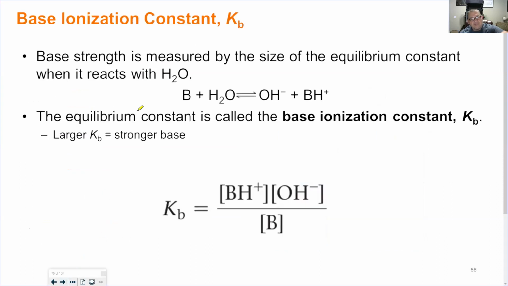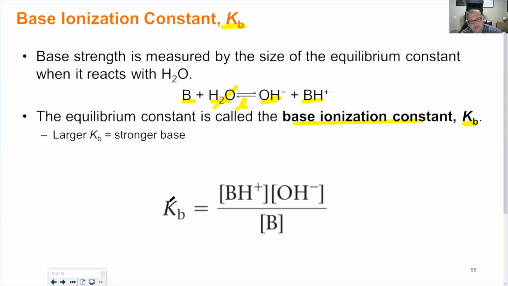Right, so when we write out our Kb expression, it's similar to the Ka expressions that we had been writing previously in the chapter. So our Kb is our base reacting with water to produce the hydroxide and the BH plus. And we call this the base ionization constant, or the Kb. And because the water is the liquid in the system, it doesn't appear in the expression.